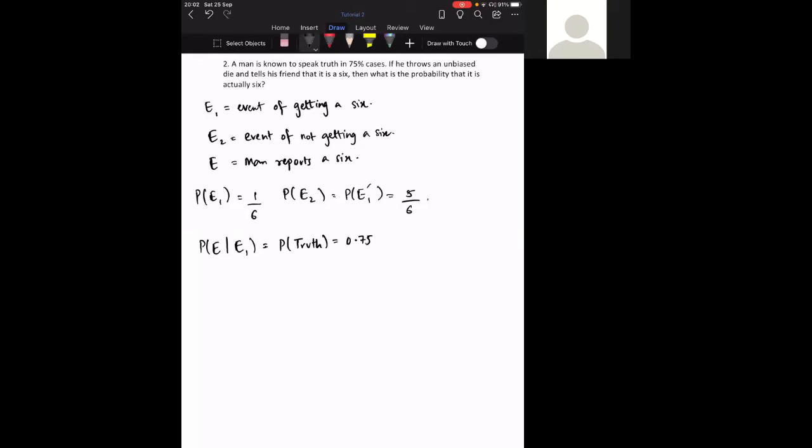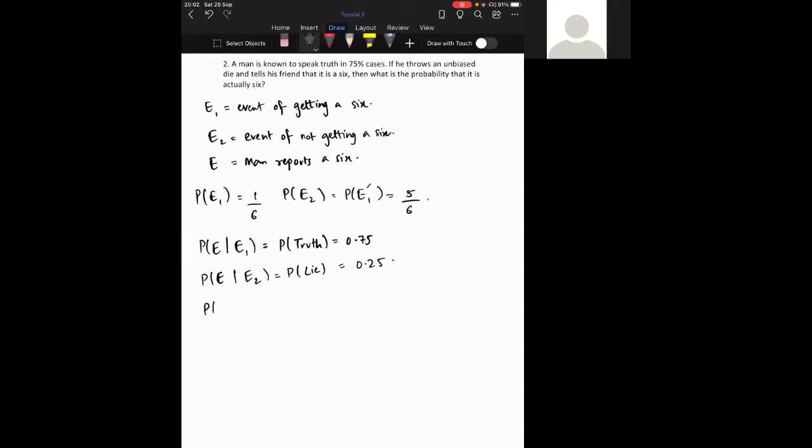Similarly, the probability of not getting a 6, but say, reporting a 6 is the probability of a lie, which is the complement of truth, and that just gives us 0.25. So now we want to find out, okay, what is the probability that it is actually a 6?